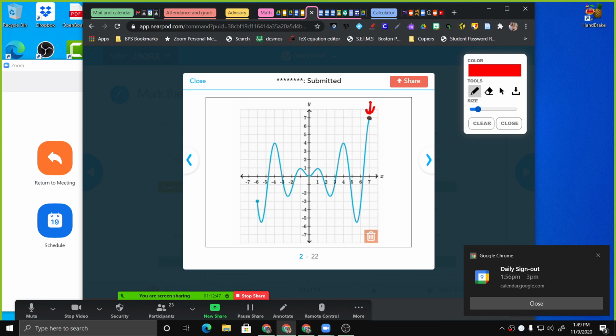Can you make an open interval on the domain? So the domain goes from -6 to 7. It includes -6 and 7, but when you're making an open interval, you can't include those values. Can you make an open interval that contains that point?